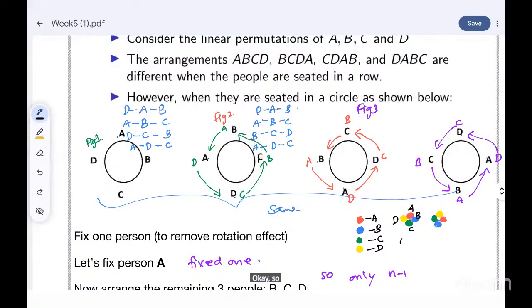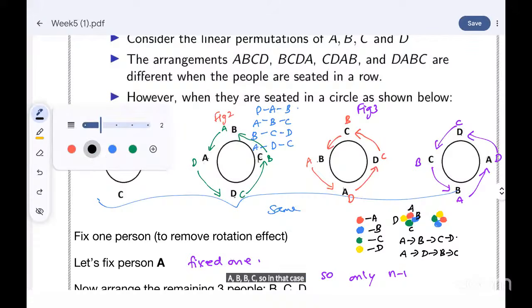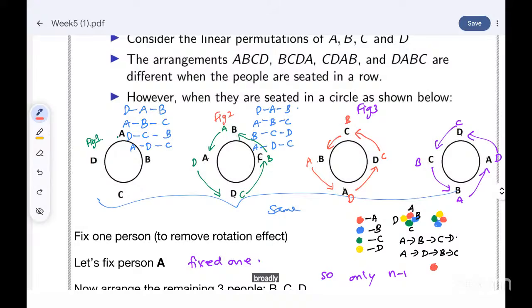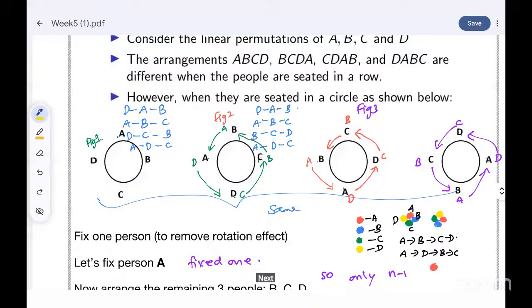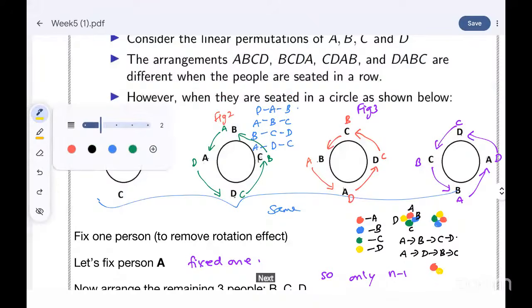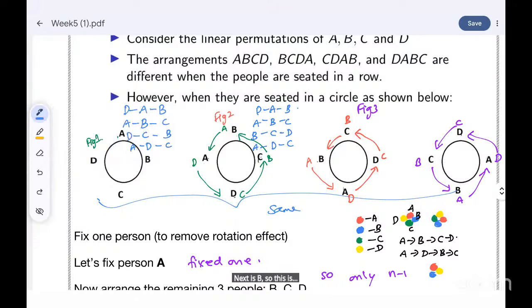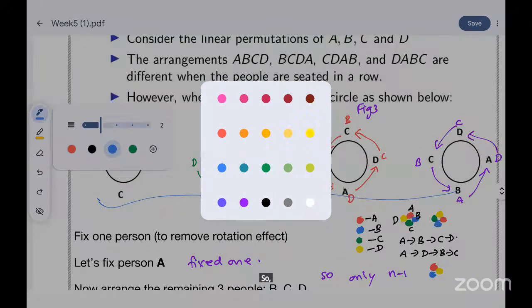And the anti-clockwise arrangement is A, D, C, B. So let me now draw the corresponding figure: A first, then next is D, next is B, and the next one is green.